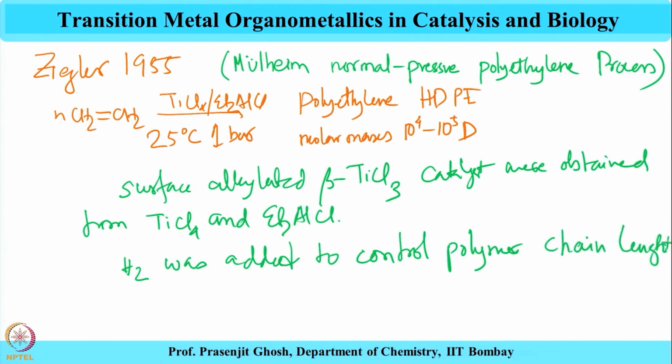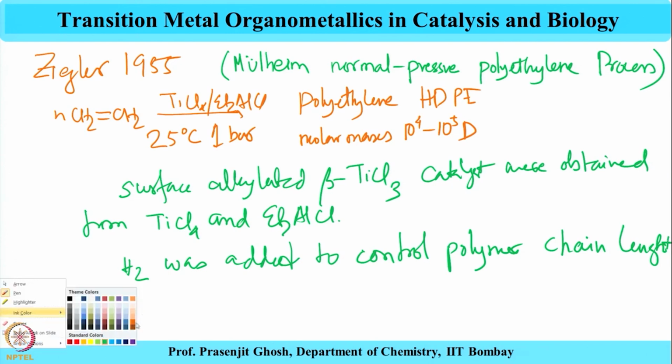So, this is similar to what we had observed in case of the Phillips process as well, where hydrogen was added to control the chain length, and then the Phillips process was used for making LLDPE.